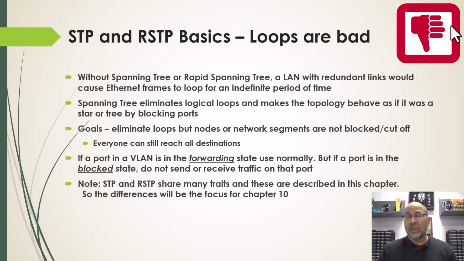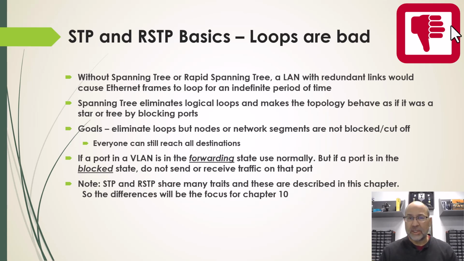So we want to eliminate loops, but we don't want to cut off anybody, right? We don't want to create any problems for nodes that might have been on the end of a link that was blocked. So everybody is still going to have connectivity. We're not going to isolate any network segments, but we do want to eliminate those loops. So one of the things to remember is that by default, all ports are in VLAN 1.